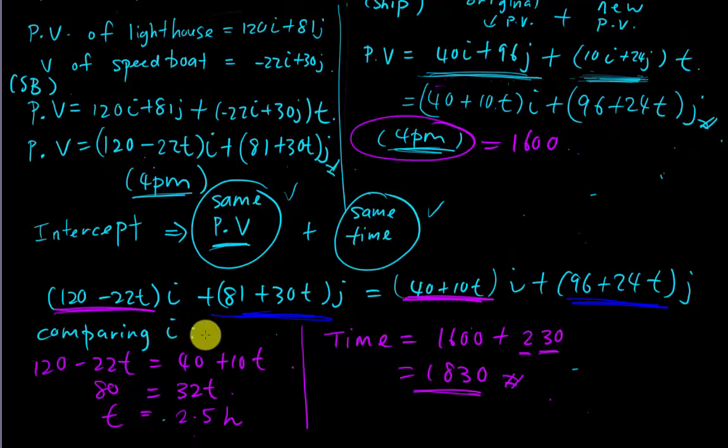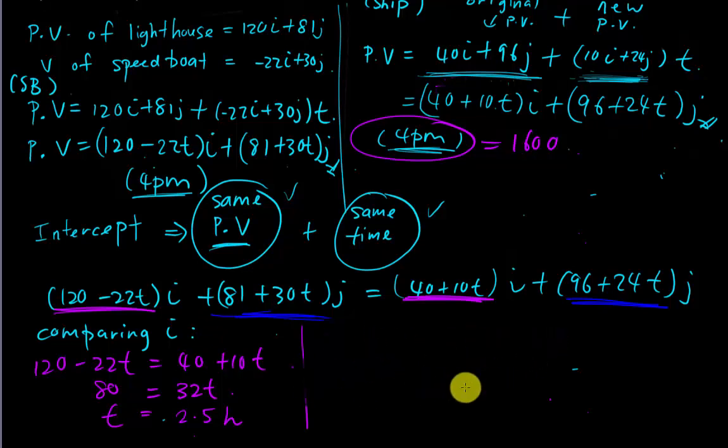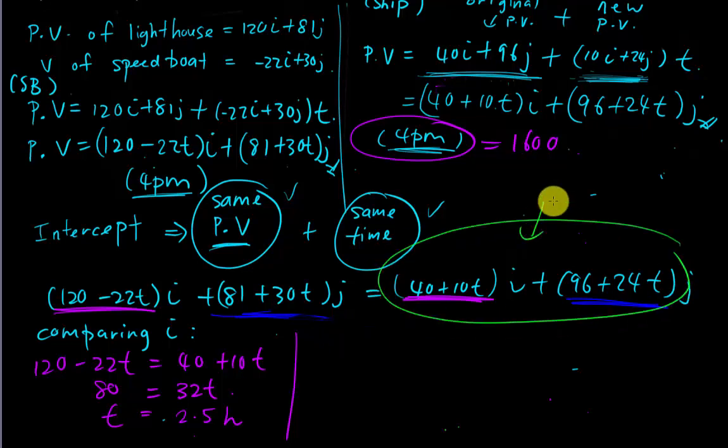So since you know the time already, I'm going to erase the time and do the position vector part. Because both of them have the same position vector, you just choose one of them. Maybe I choose this one. I just substitute t equals 2.5 in either one. Both of them will get the same answer.